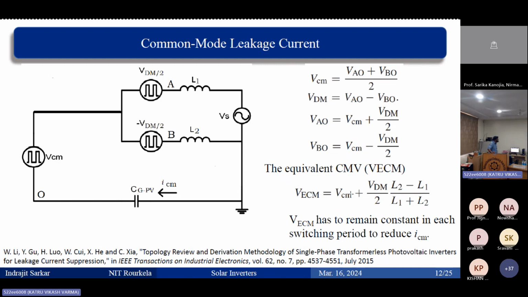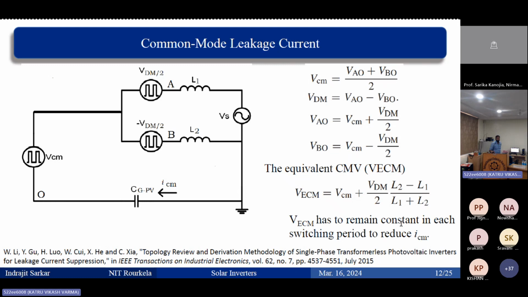The equivalent common mode voltage is the common mode voltage itself plus some common mode component that exists because of the differential mode voltage. If you take the equivalent of this circuit, there will be an equivalent voltage. Forget about everything else and concentrate on this equation: equivalent common mode voltage equals common mode voltage itself plus this term.